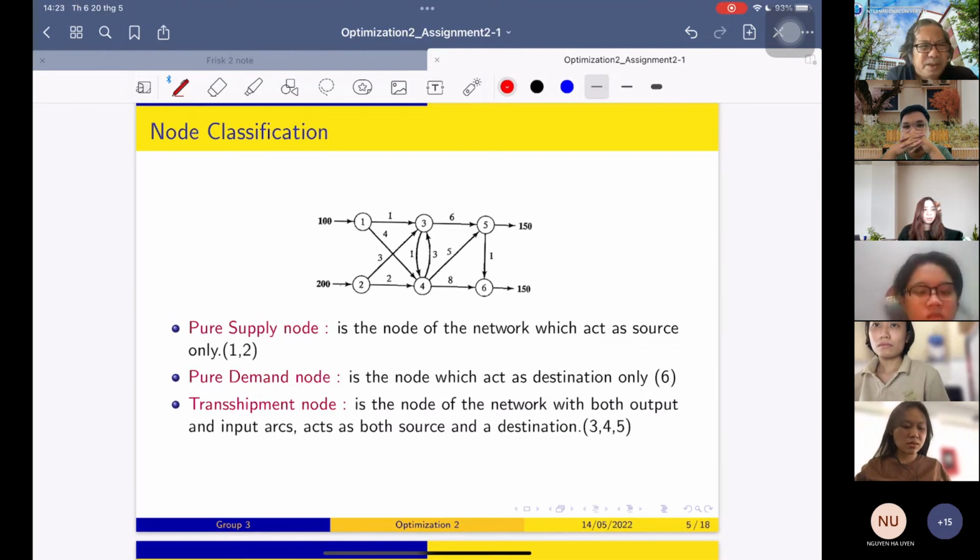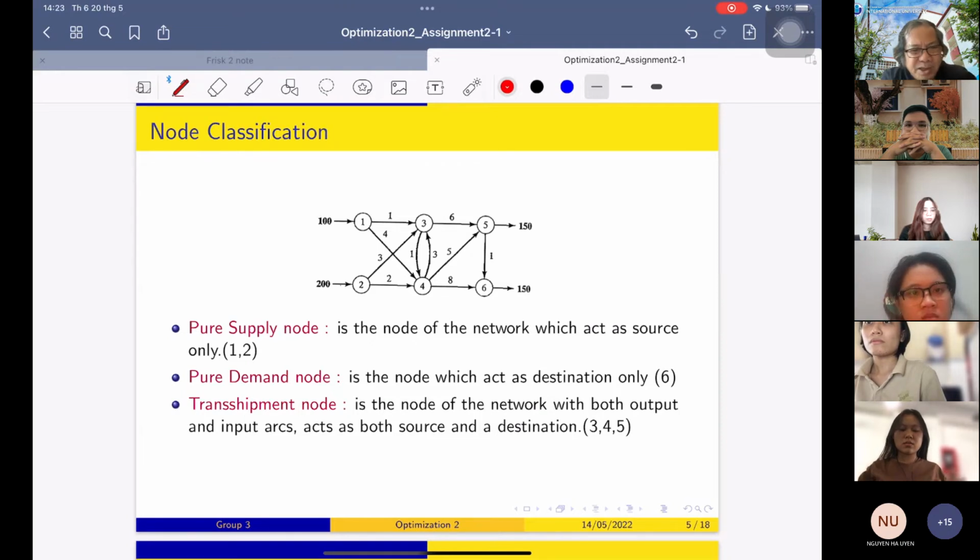Nó cái gì cũng không được hết, làm sao được? Nó là mở rộng của bài toán transportation, bài toán vận tải. Thế mở rộng ở chỗ nào? Nó có gì mở rộng đâu? Có cái gì mở rộng so với bài toán vận tải, bạn nói tôi nghe nè.